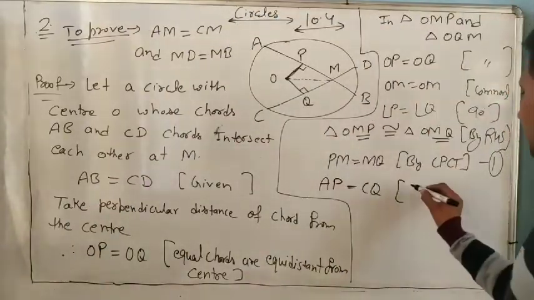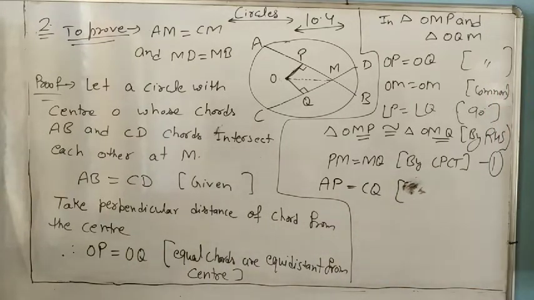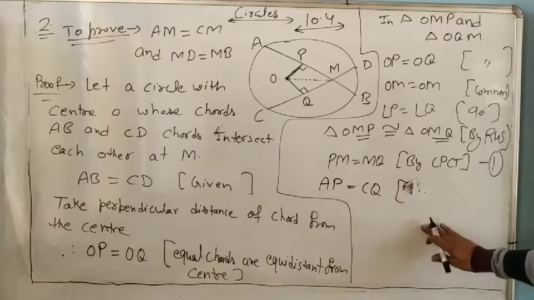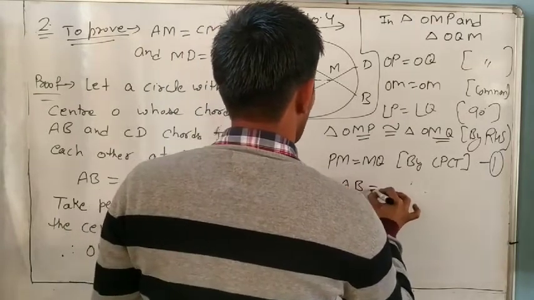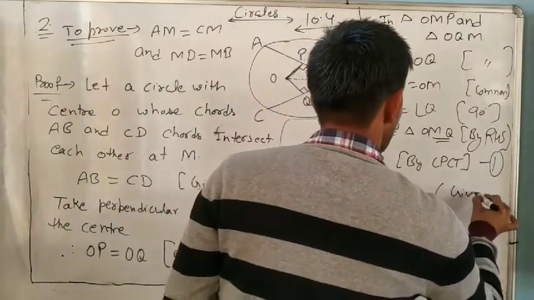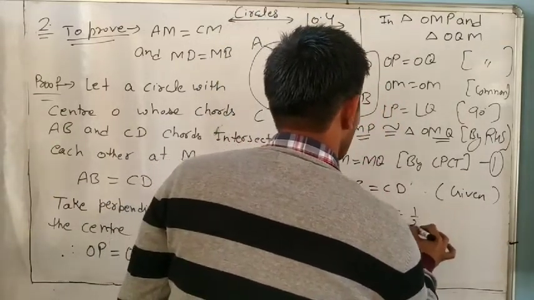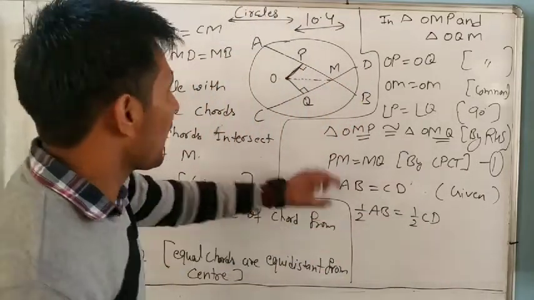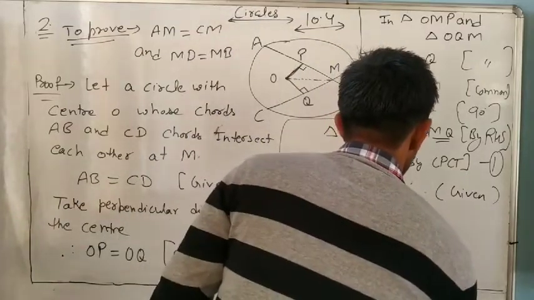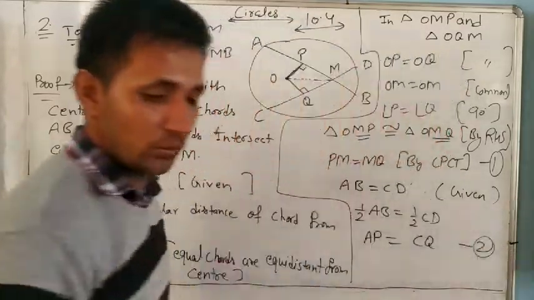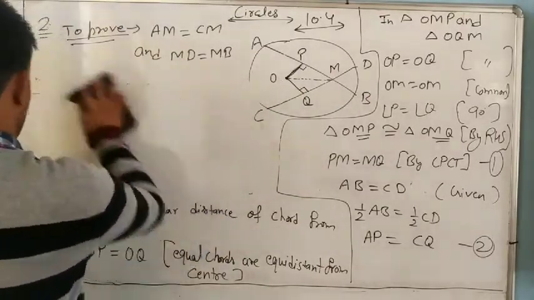Because AB equals CD, it is given, and half of AB equals half of CD, both are equal. Half of AB is AP, equal to half of CD, which is CQ. Equation number 2.